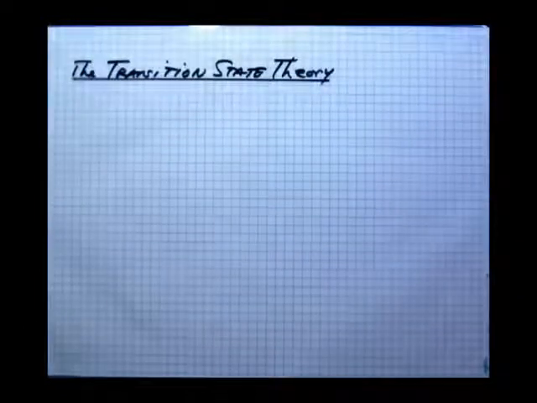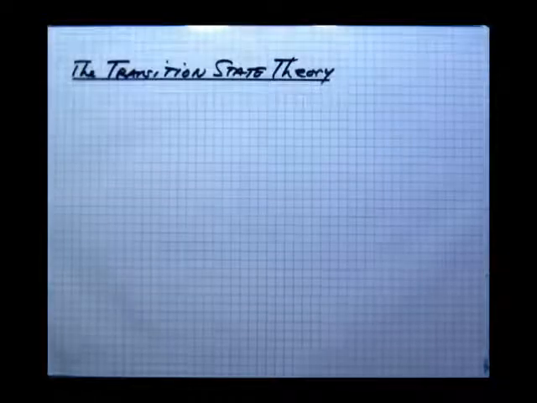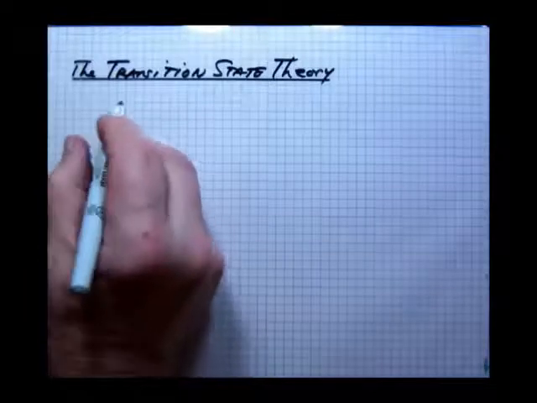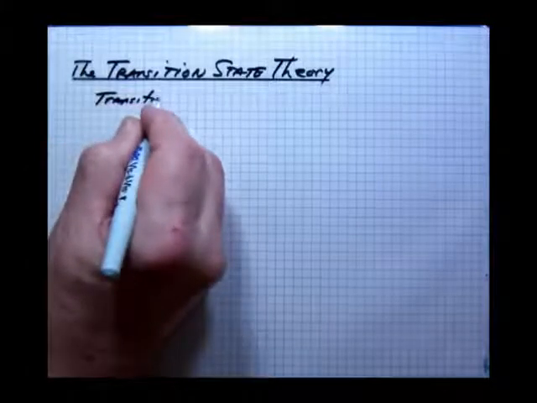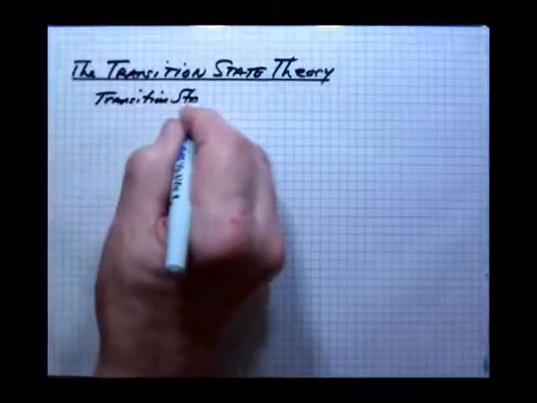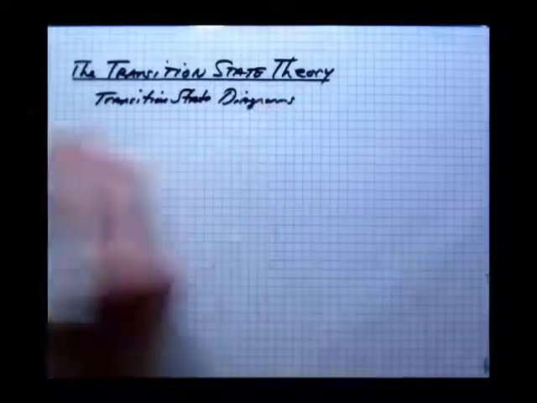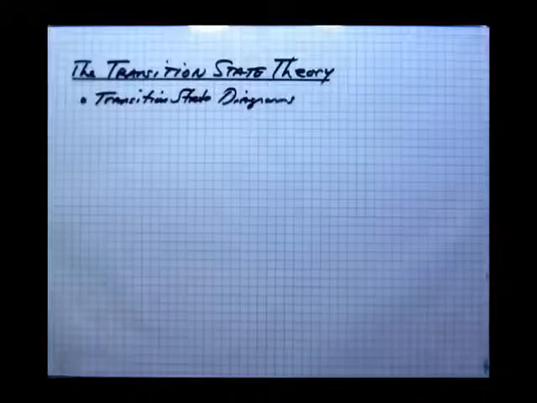The transition state theory says that for chemicals to react, they must pass through an activation energy point. Well, to make a long story short, typically there are two transition state diagrams. One for an endothermic reaction and one for an exothermic reaction.